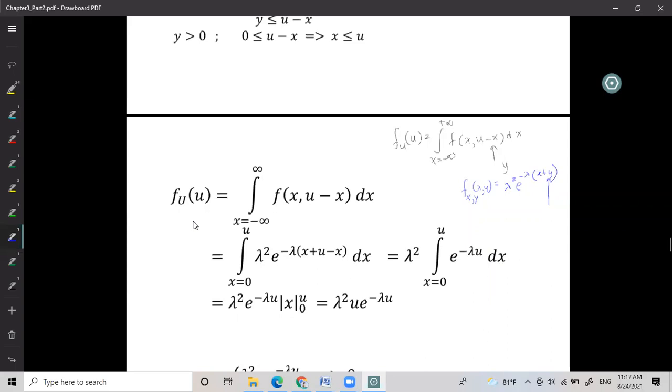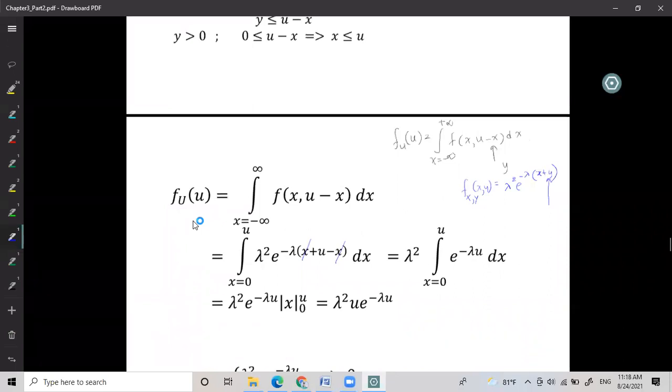Now you have to simplify this term. In the proof, we stop from here. But when you have the exact equation, you can very easily do this integration. Lambda is a constant, take it outside. X going from 0 to u. This x will cancel out, and you'll end up with simply e to the negative lambda u.